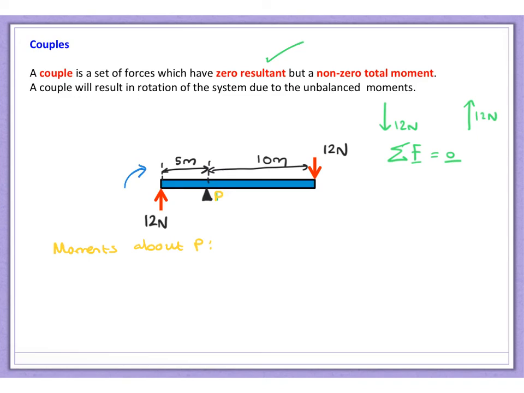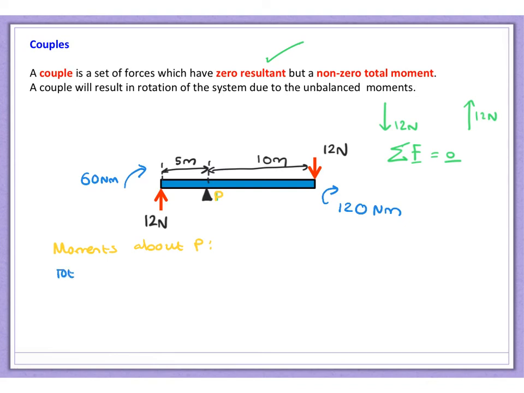And what about the 12 Newton force on the right, pulling down on that? It's also going to produce a clockwise moment. So taking moments about P, we have a 60 Newton metre clockwise moment produced by this force and a 120 Newton metre moment produced by this force also clockwise.